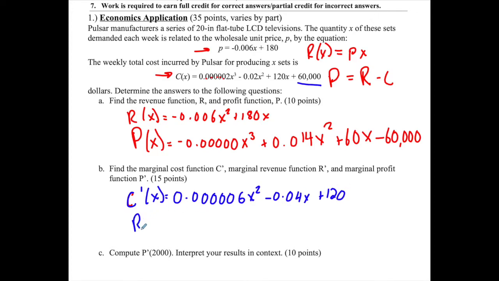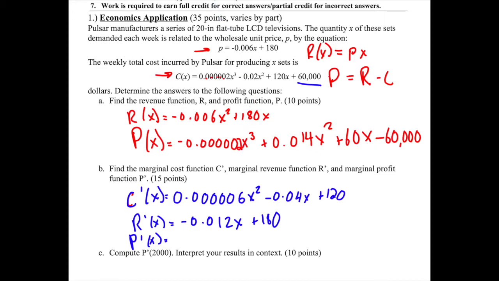Marginal revenue is similar. Don't forget the negative sign there. So negative 0.012x plus 180. And then finally, the marginal profit. Oh, and I forgot, silly me, don't forget my 2 there.